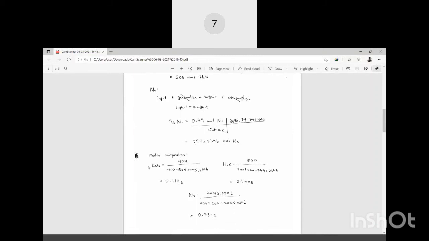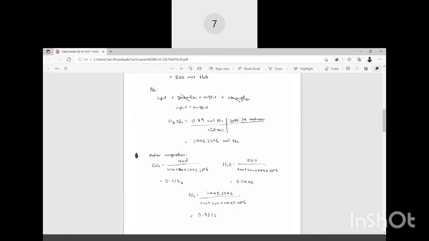So the formula of molar fraction is just the number of mole of the specific reactant over total reactant. Okay.